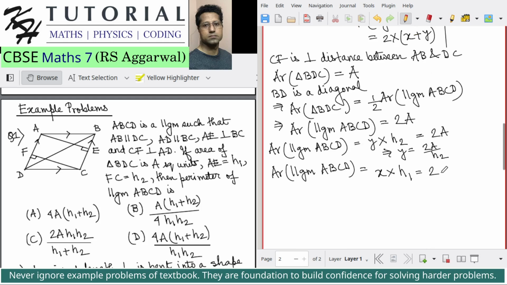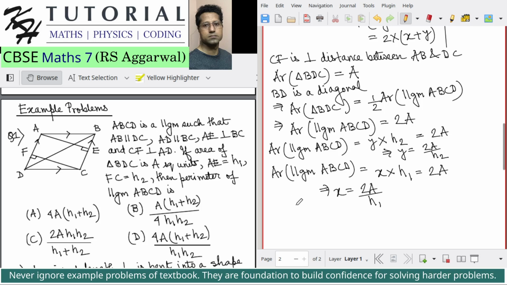This is equal to twice A, so x is equal to twice A by H1. So I have found x and y, the dimensions of the adjacent sides, in terms of A, H1 and H2.